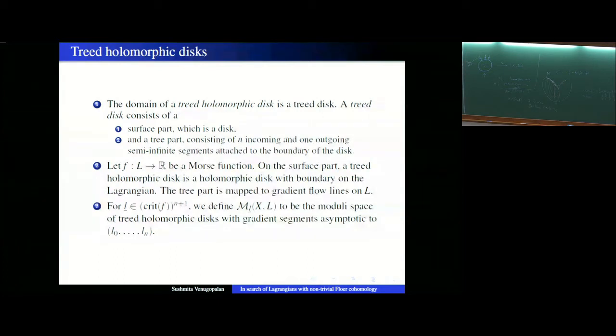So the tree part basically maps to gradient flow lines. The tree part is mapped to gradient flow lines on L. So we made a choice of a Morse function here.